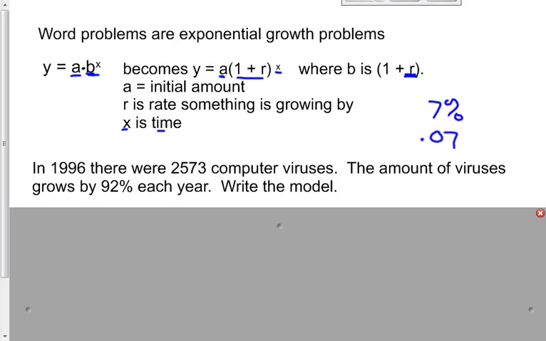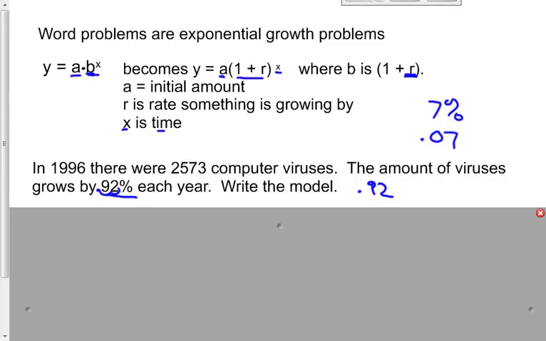Okay, so here's a sample. In 1996, there were 2,573 computer viruses. The amount of viruses grows by 92% each year. Write the model for this situation. Well, first off, you should right away change 92% into its decimal form. Move your point 2 spots, 0.92. Okay, so now we're going to write a model.